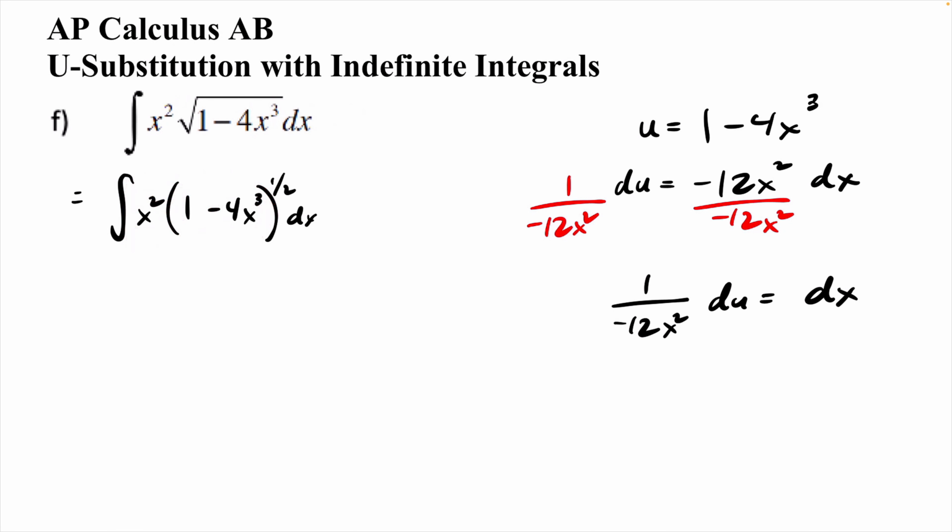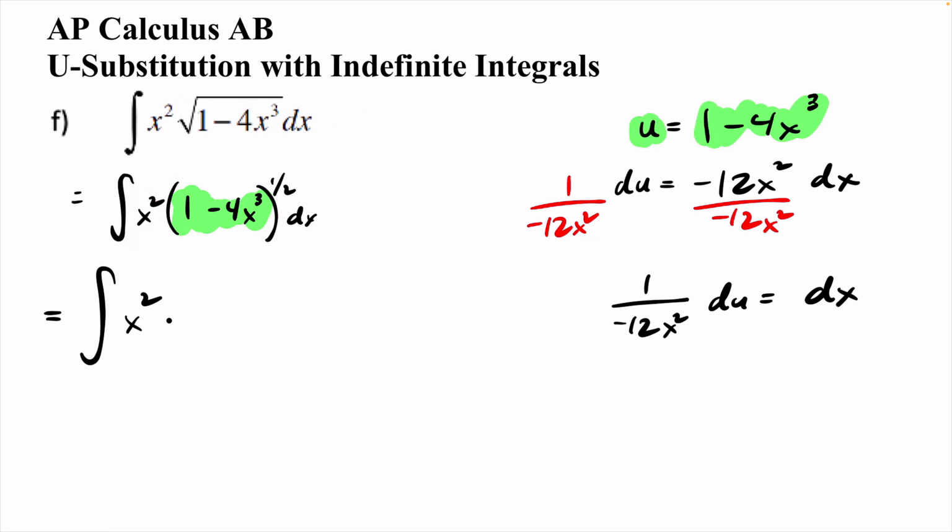Now comes the substitution. Okay? All right, so let me substitute everything back in. X squared first. I didn't do anything with x squared, so x squared has to stay. Next is the 1 minus 4x to the third. That one was my u, right? That guy is my u.